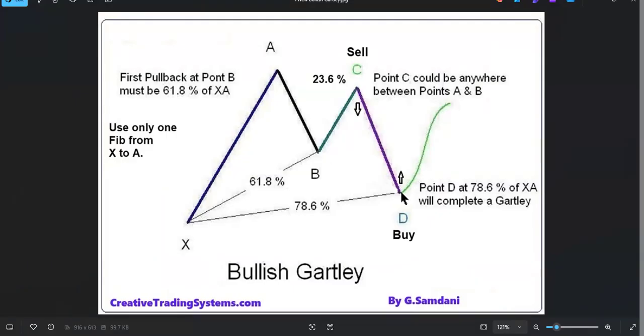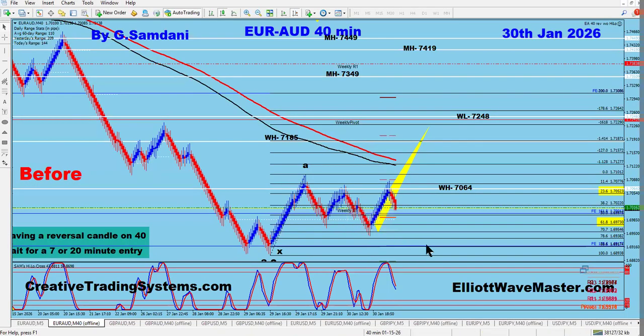That's where the pattern will finish, right? So does that happen here? Yes. Almost. 78 is right there. Little shy, it didn't quite touch the line, but it was very close, and then it gave you a reversal candle.